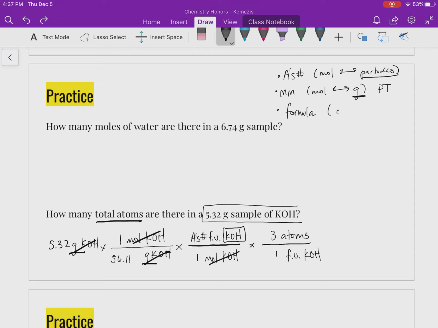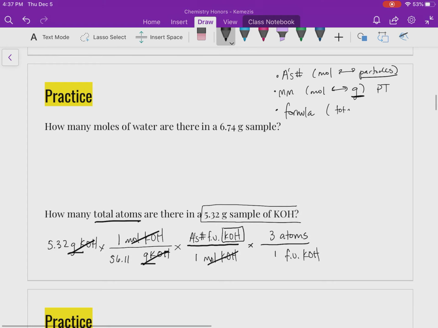The total compound, the full compound. In this case, the full compound was KOH. And the pieces that make it up. And that's what we were doing there, because we had the compound of KOH, and we were trying to go to atoms.